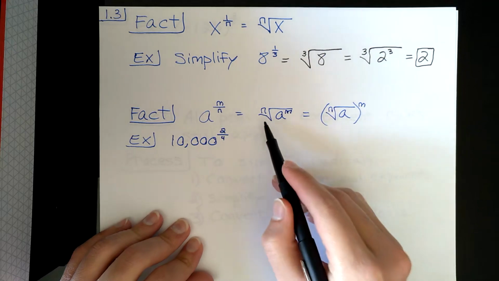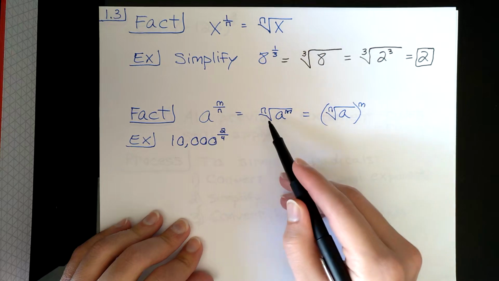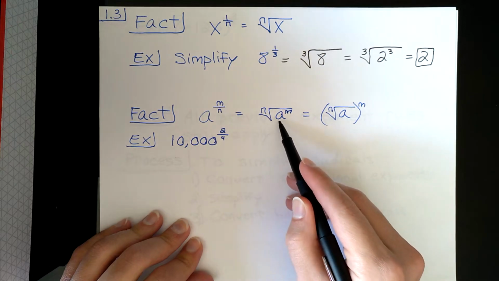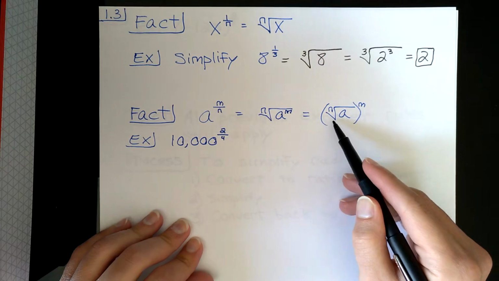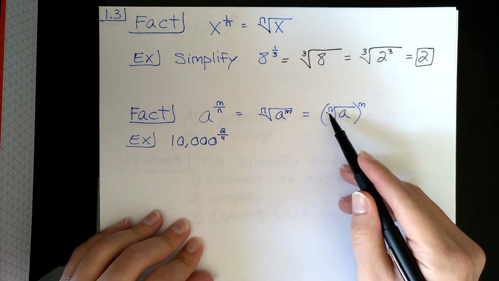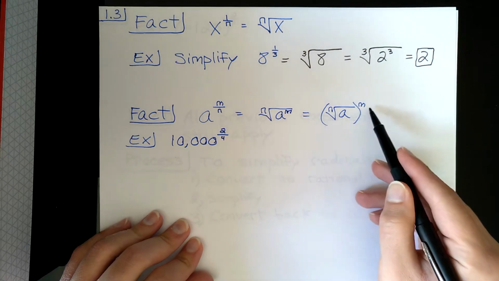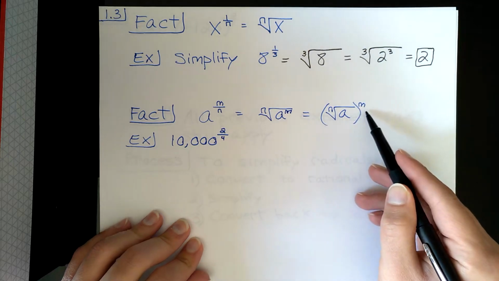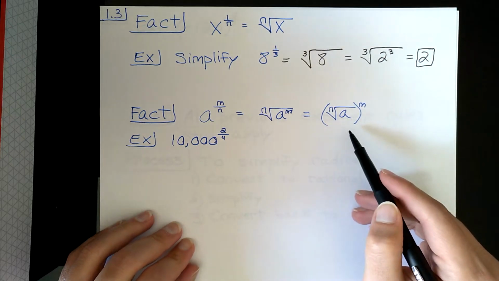The first is to say that a to the m over n is the same thing as the nth root of a to the m. And we could also say that it's the same thing as the nth root of a, all being raised to the mth power. Each of these has its own purpose.